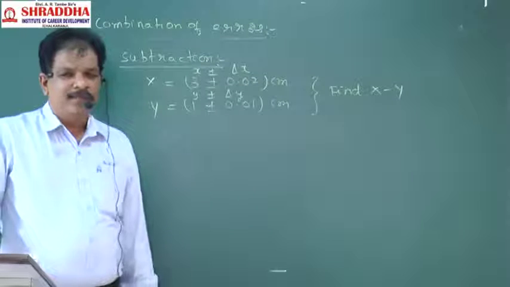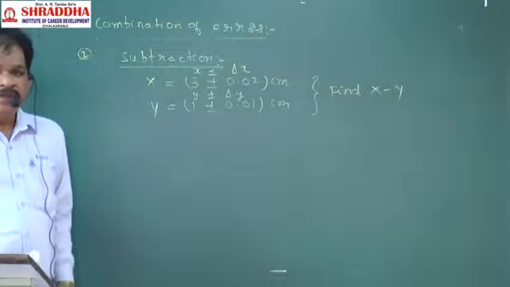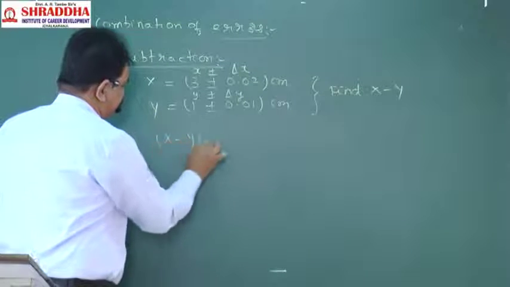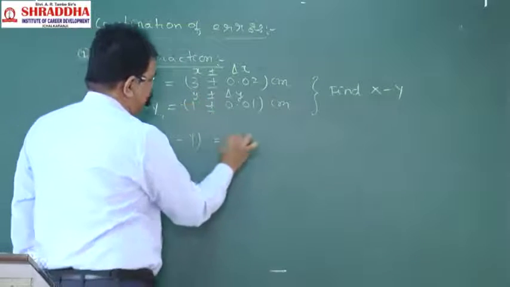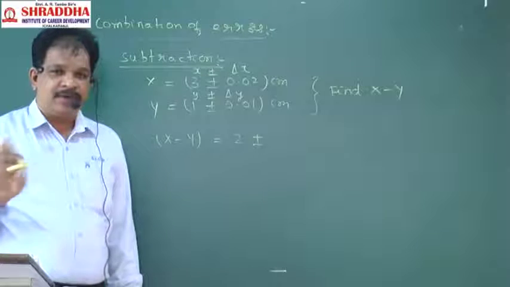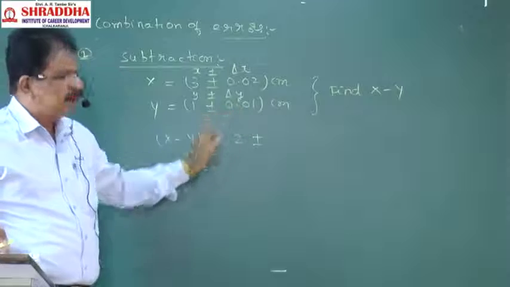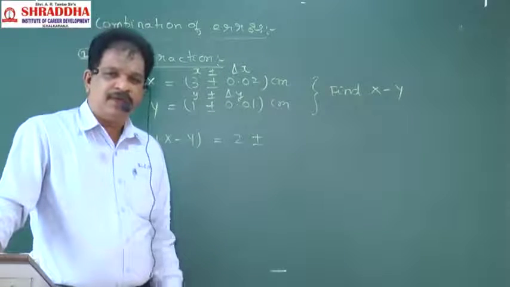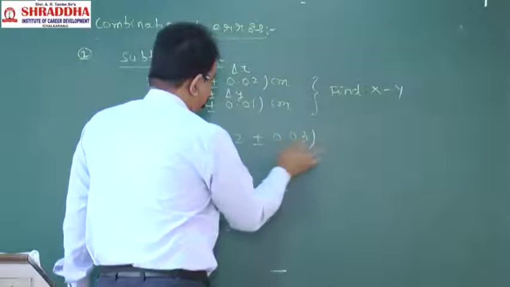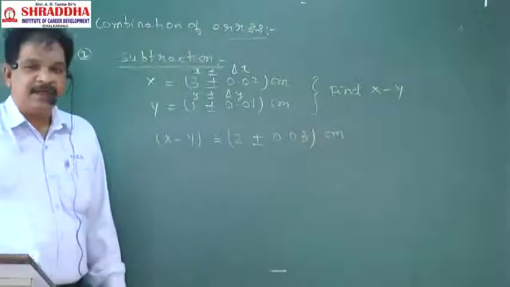Then find x minus y. Then what to do? x minus y is equal to 3 minus 1, 2. But errors you have to add, remember, don't subtract. 0.02 minus 0.01 would be 0.01, don't do that. You have to add, so 0.03 centimeter. That is the answer.